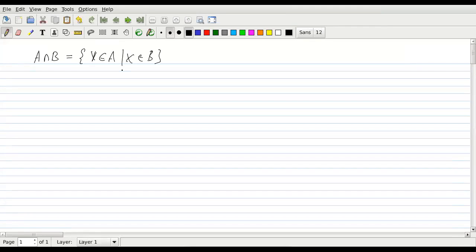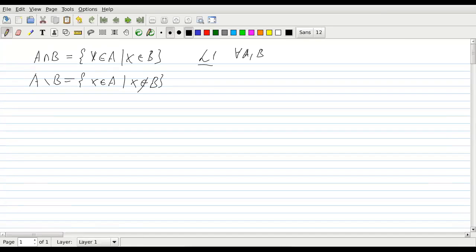The intersection gives us all elements of A which also are elements of B. And as well, we defined the difference of two sets, all elements of A which are not elements of B. We have stated the following fact. Let's call it lemma 1.